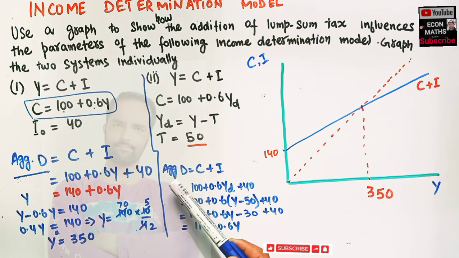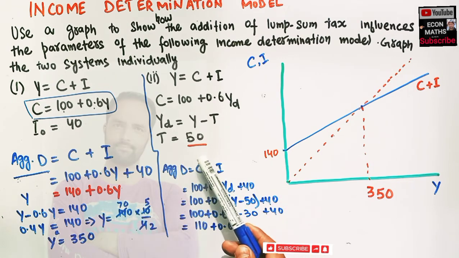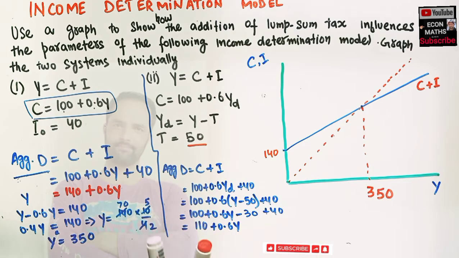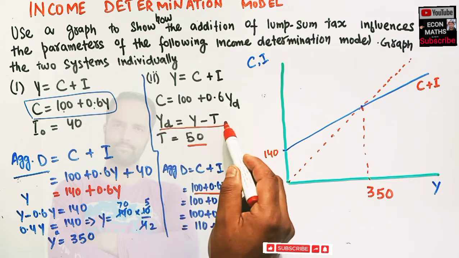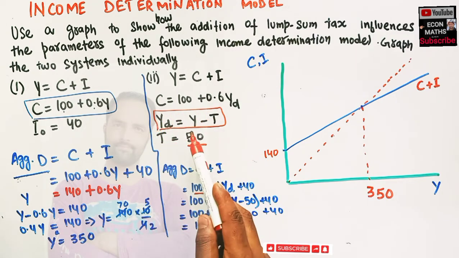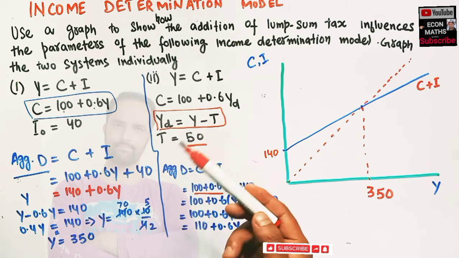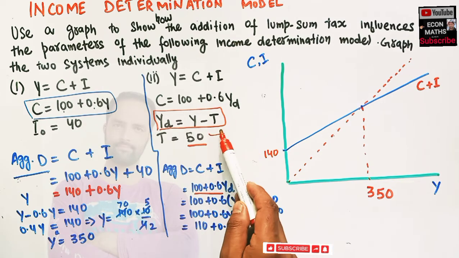Again our aggregate demand will be equal to consumption expenditure plus investment expenditure. The consumption function is given as 100 plus 0.6 times the disposable income Yd, plus 40. Now this Yd is equal to Y minus T. Disposable income is the income which is left after the tax is paid, and tax is autonomous here.